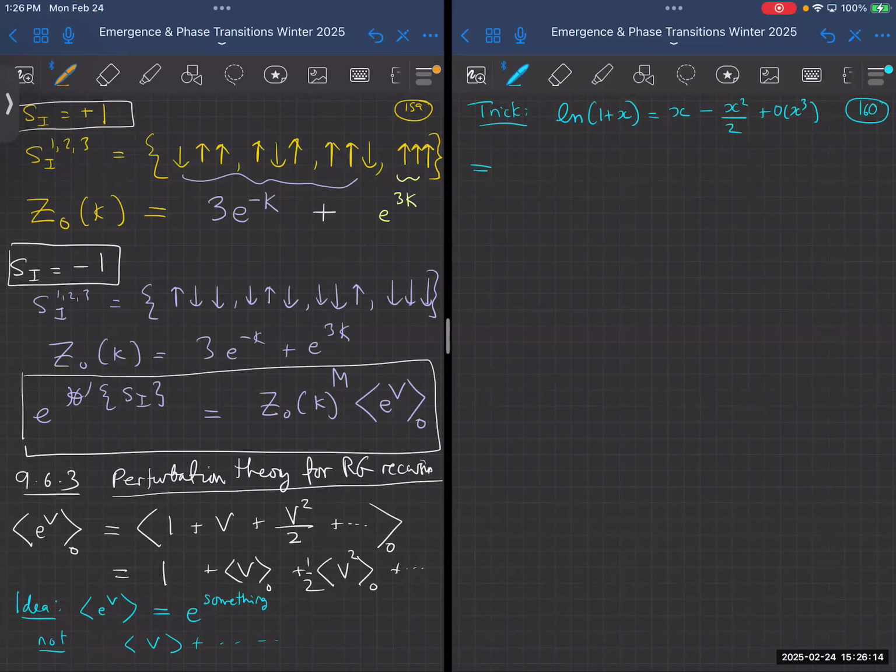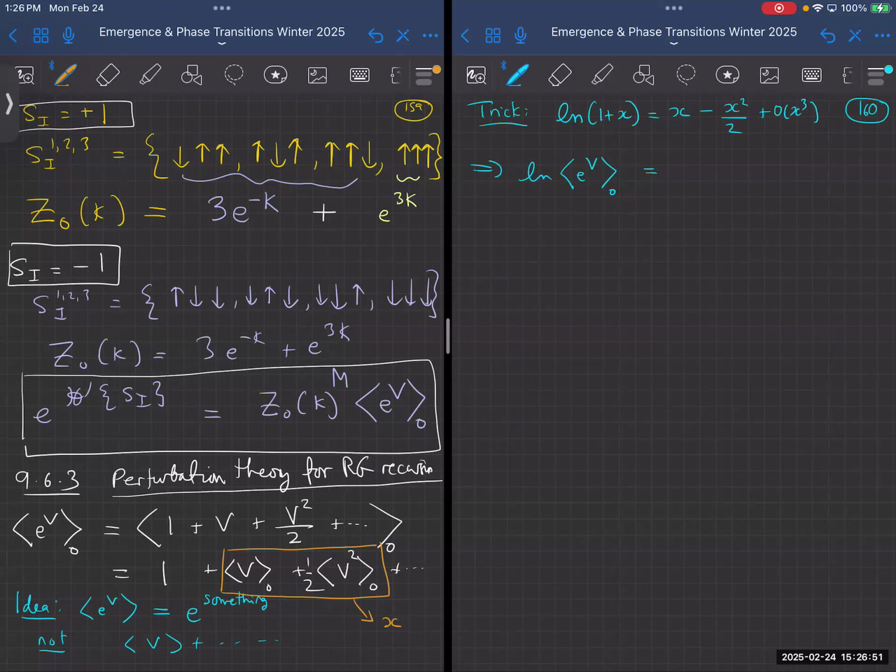So what that means is, if I want to compute the logarithm of the expectation value of e to the v, then our x value is this thing on the left-hand side here. This thing over here is what's going into our x on the previous page. So I can then write the logarithm of this as the logarithm of 1 plus x, so the logarithm of that is x.